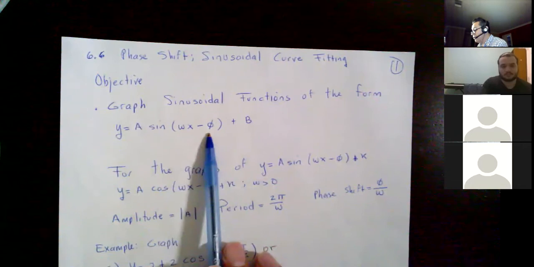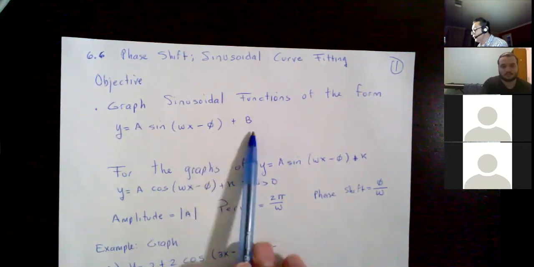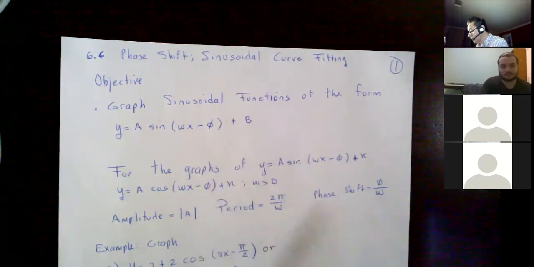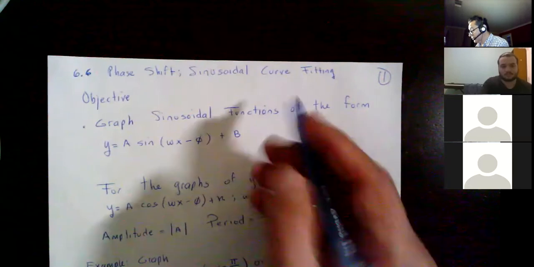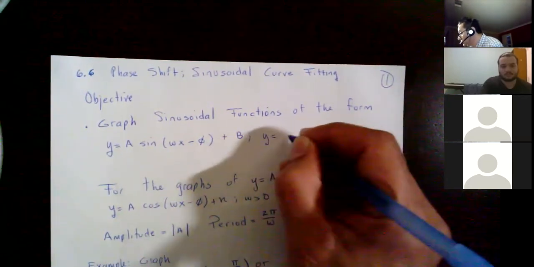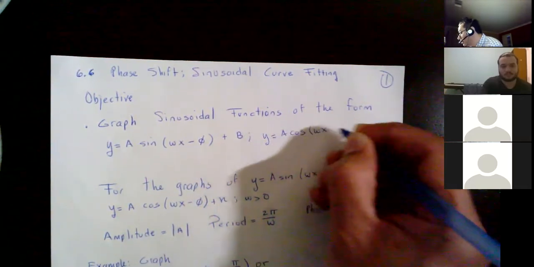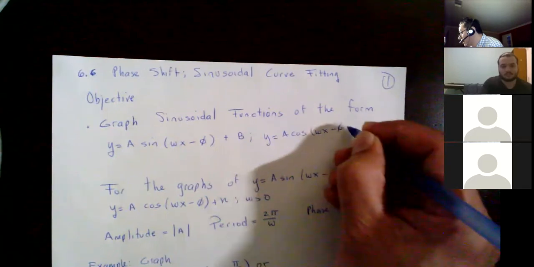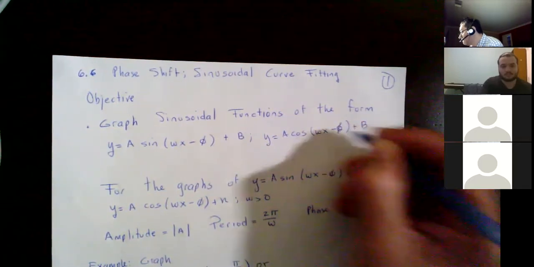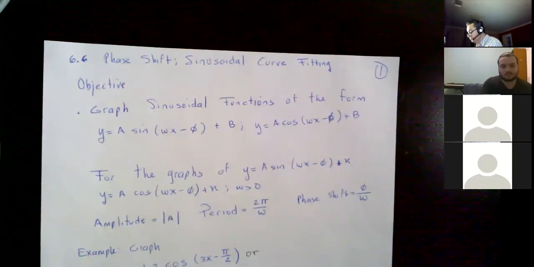Notice that now we're including a horizontal shift and also a vertical shift. And by the way, this is also y equals a cosine of omega x minus phi plus b. Also, we're including both.